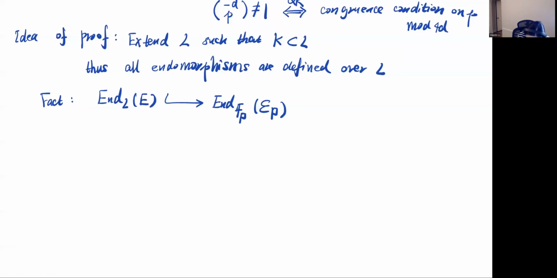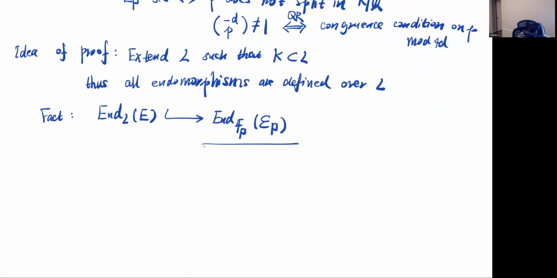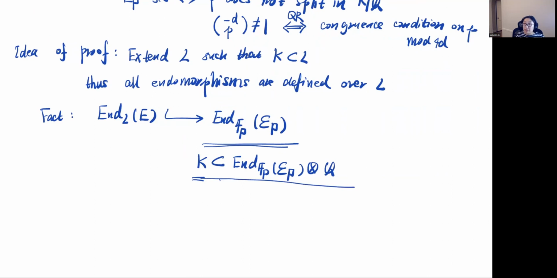So this means that the field K is contained inside End(E_P) tensor Q, right? So depending on whether P splits or is inert in K, the endomorphism algebra of this elliptic curve over a finite field contains an imaginary quadratic field in which P splits or is inert or ramified.